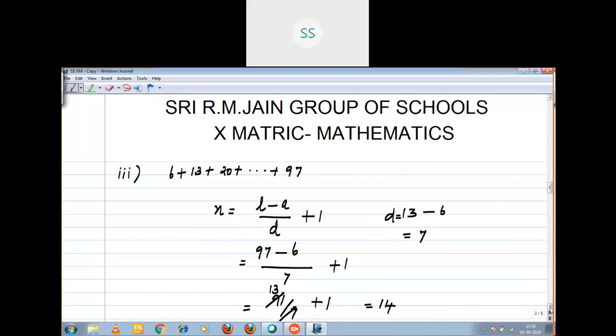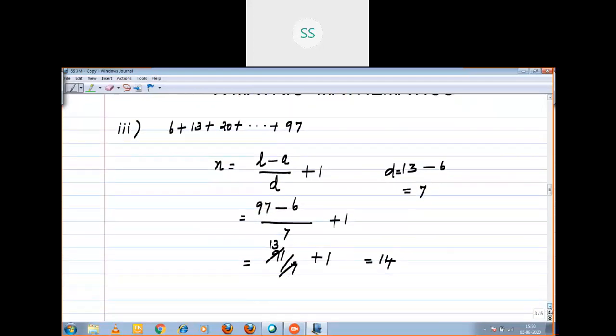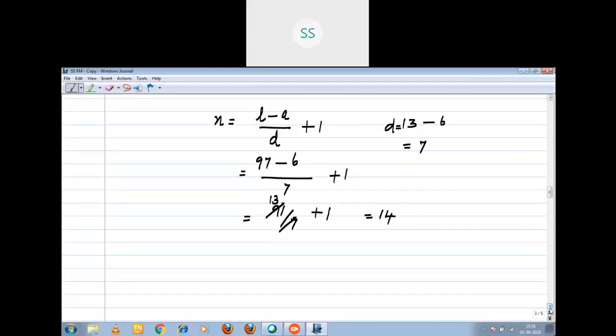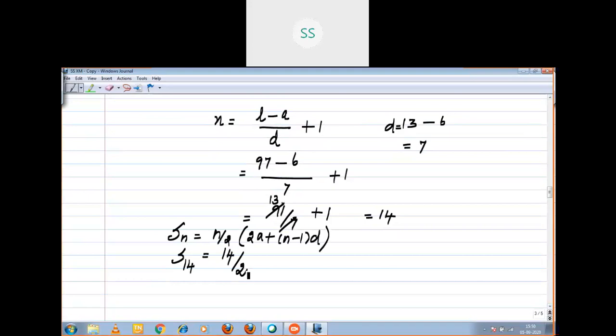How many terms are there? 14 terms are there. Now S14 equals 14 by 2 into... I told you how to write the formula first, right? You don't forget 2a plus (n minus 1) into d. In the previous ones you didn't need to find n because it was already given as 40 terms, 27 terms.